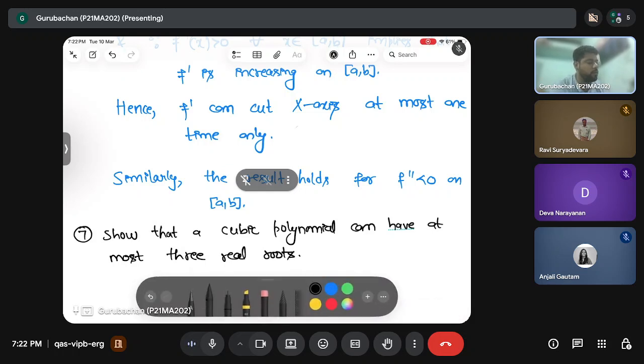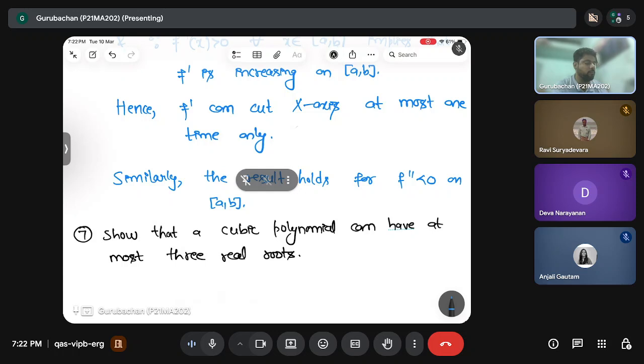We need to show this, and this is a kind of direct application of Rolle's theorem. Try this one, or in fact, there is no need of Rolle's theorem, I guess. First try, then we will discuss it.